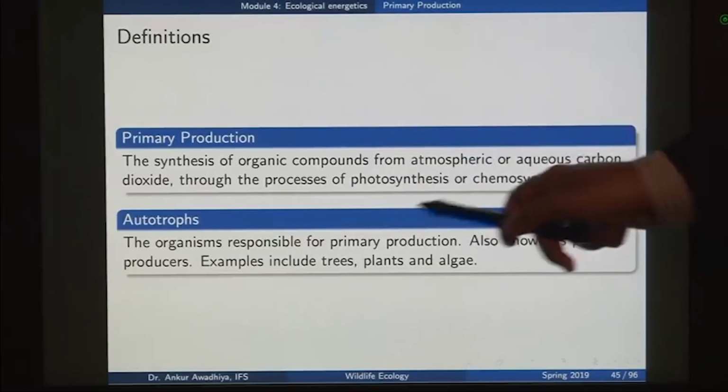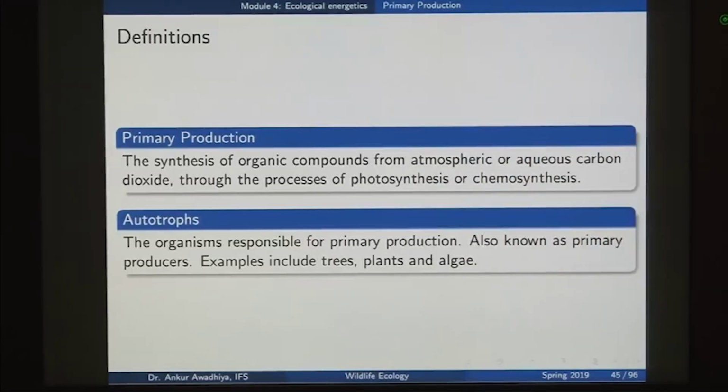So, photoautotrophs are those organisms that use light. Photo is light, auto is self, troph is nutrition. So, with the help of light they are doing self nutrition, which means that they are fixing carbon dioxide into organic molecules. Now, these organic molecules, such as carbohydrates or fats or proteins and so on, make up the bodies of these organisms.